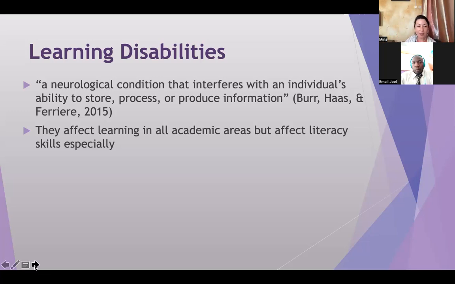Generally speaking, there are many different causes of learning disabilities, but literacy is one of the areas most impacted. You might think of something like dyslexia, ADHD, issues like that.